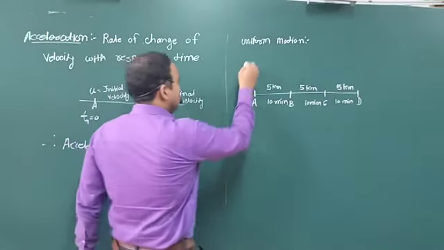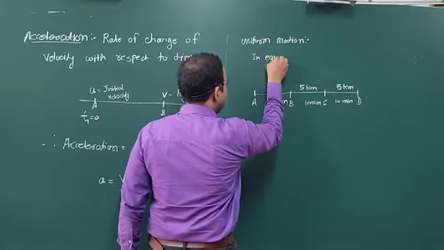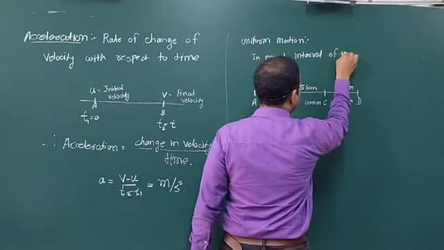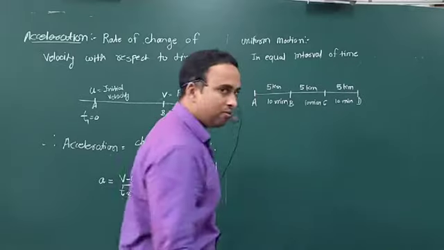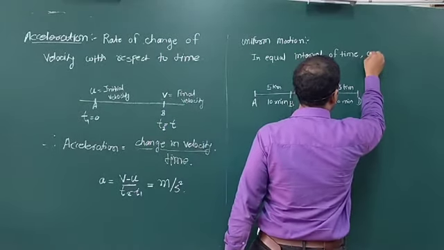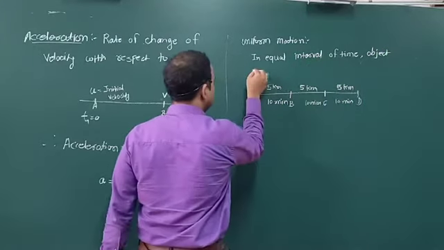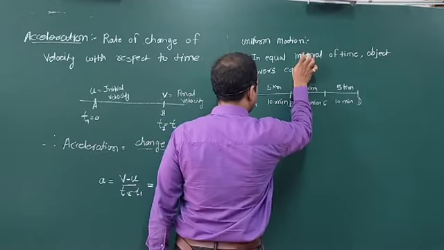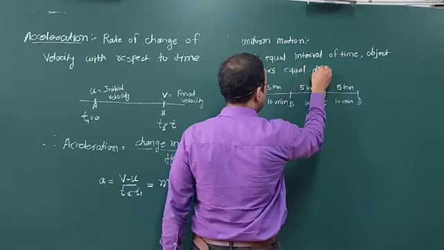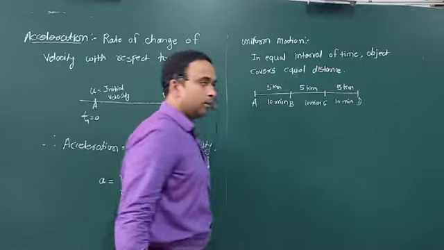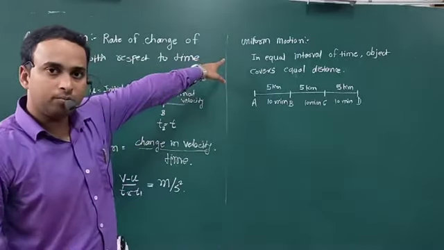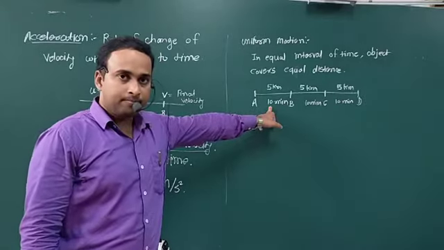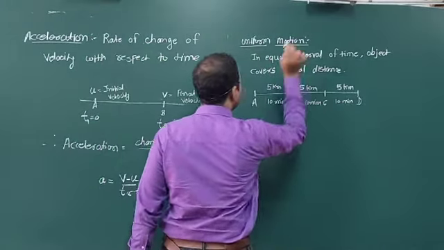So in equal intervals of time, the object covers equal distance, then that motion is known as uniform motion.